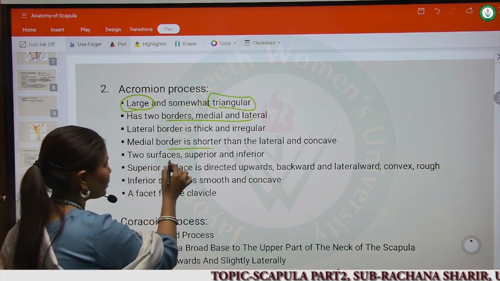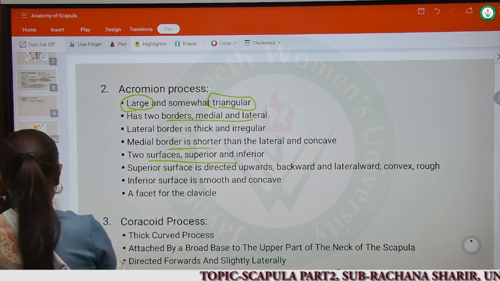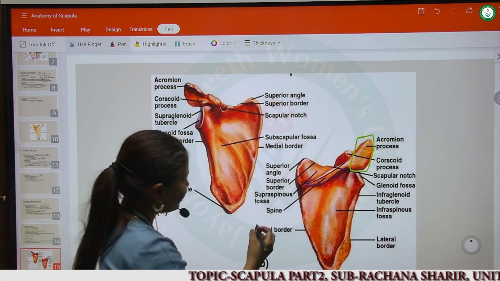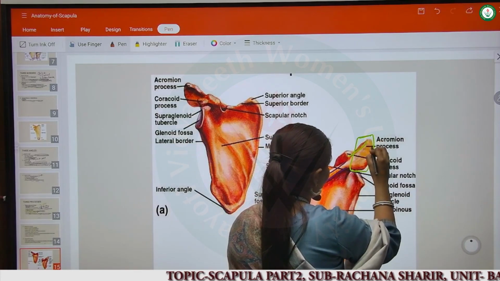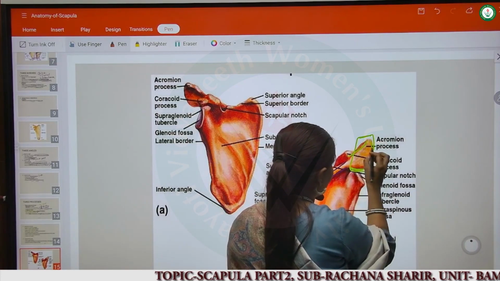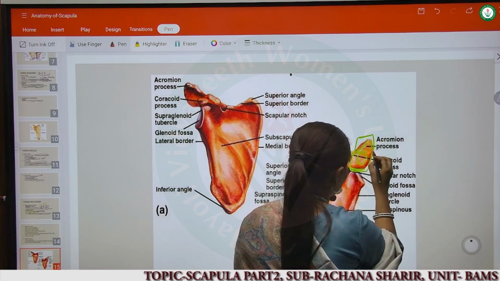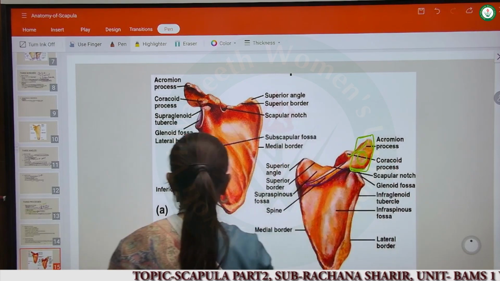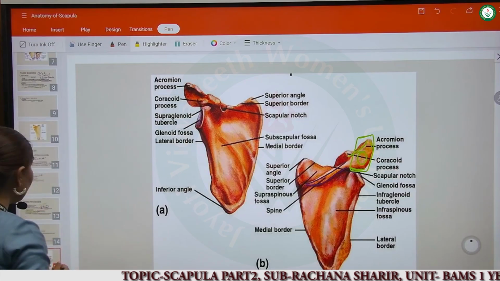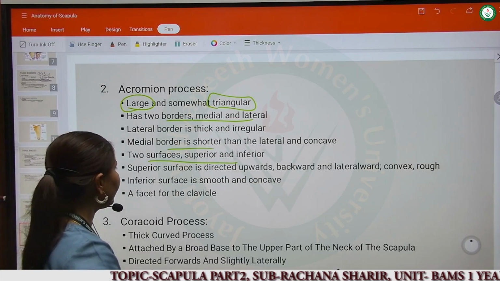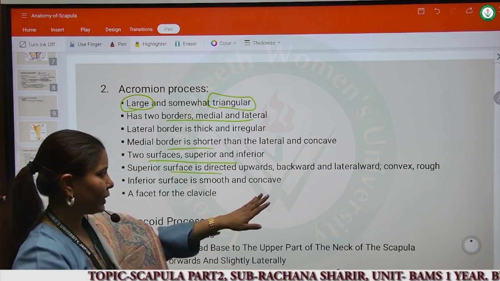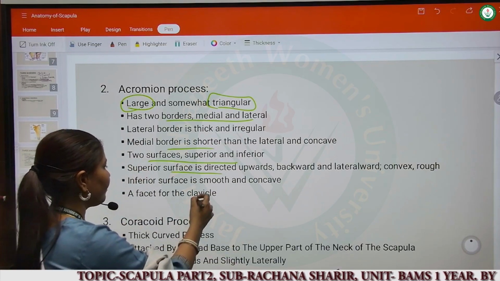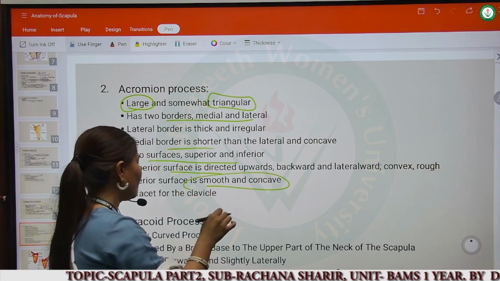Then it has two surfaces, superior and inferior surfaces. Superior surface is directed upward and backward, convex and rough, and inferior surface is smooth and concave.